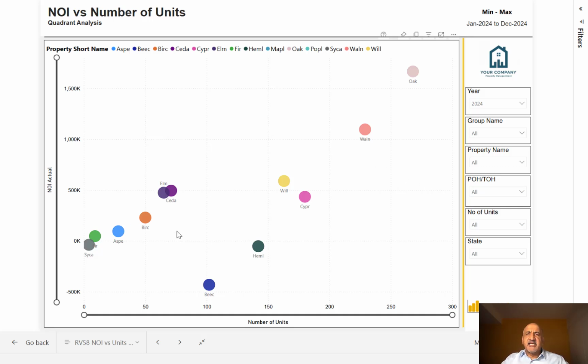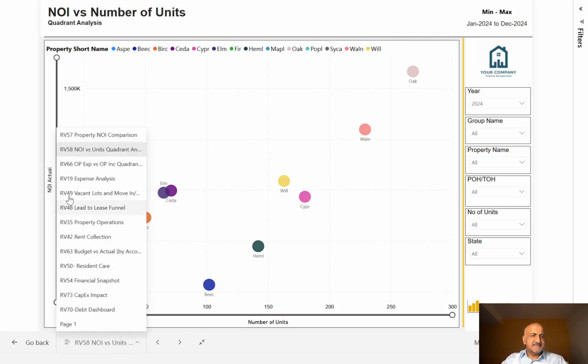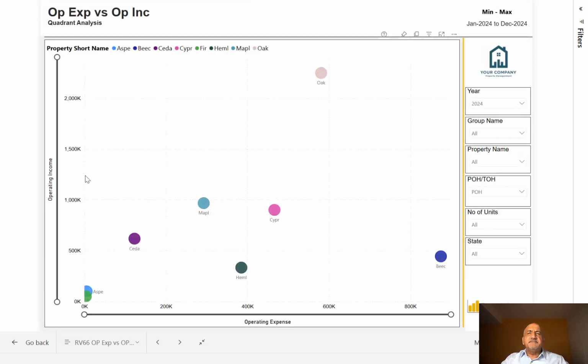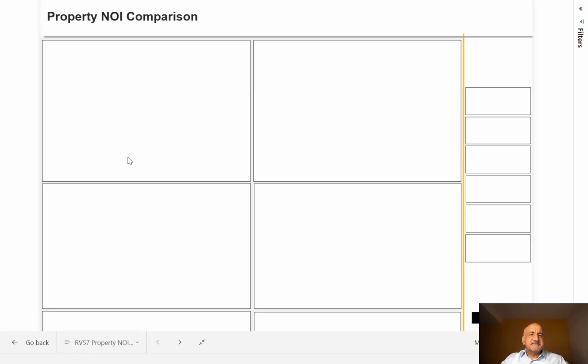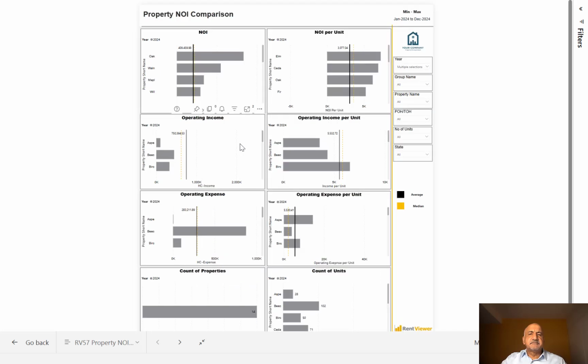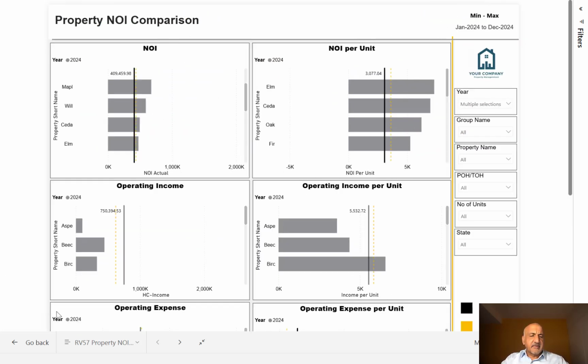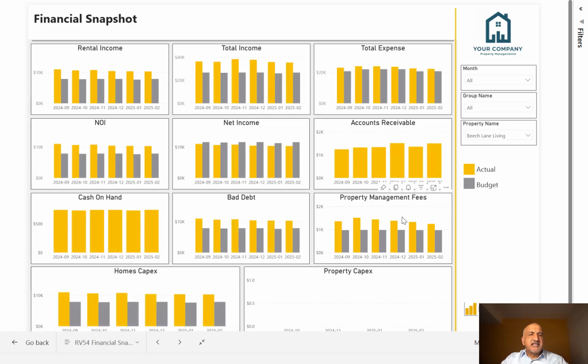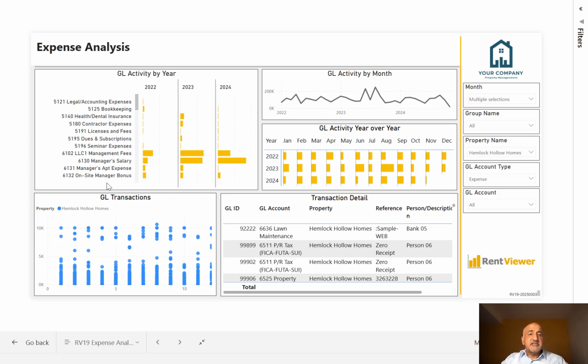I'm going to start off by looking at the overall portfolio using some scatter plots, and then look more closely at the income and expenses, and also take a high-level look at different KPIs. And finally, drill into individual general ledger transactions for the properties that I'm interested in to look for useful information that can help me understand where money is going.